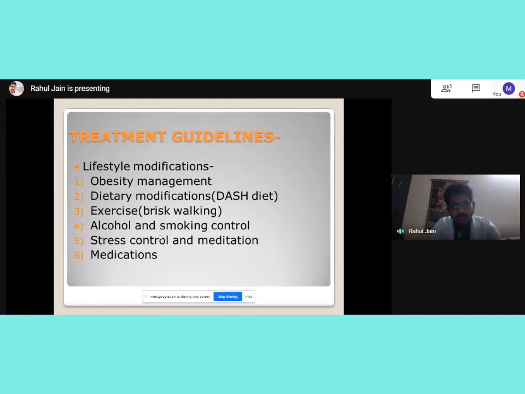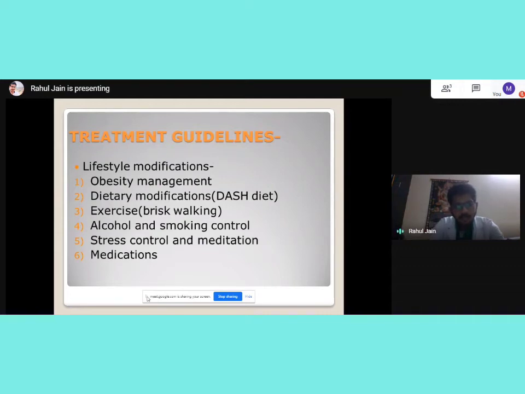First is obesity management. It is very important to control obesity because metabolic syndrome has one component of abdominal girth, and also there are two types of obesities. One is central obesity and one is evenly distributed obesity. When I talk about evenly distributed obesity, a person has fat deposition behind his neck, over his face, thighs, abdomen, arms.